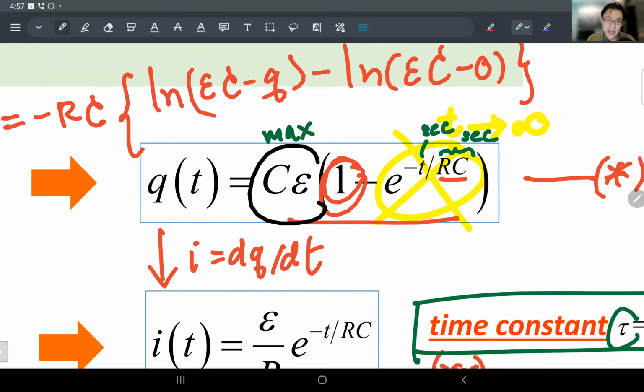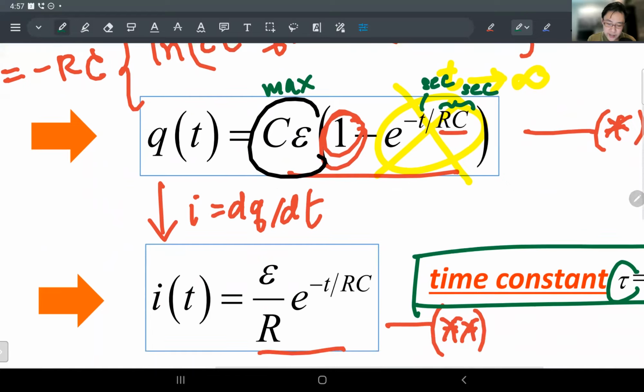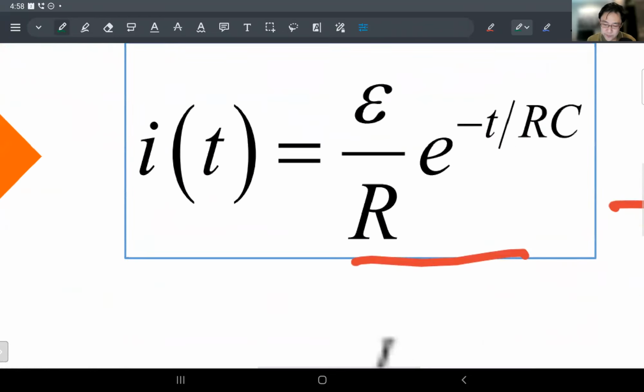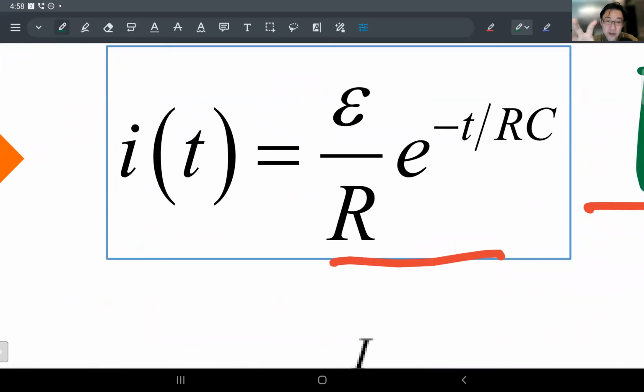Okay. And if you want the current, you just differentiate this one once. I hope now you understand what the character of the current is going to be. Can you read this one now? It's going to be easier because you don't have any constant added to this. It's just exponential decay. How fast does it decay? See? It's the same factor, RC.